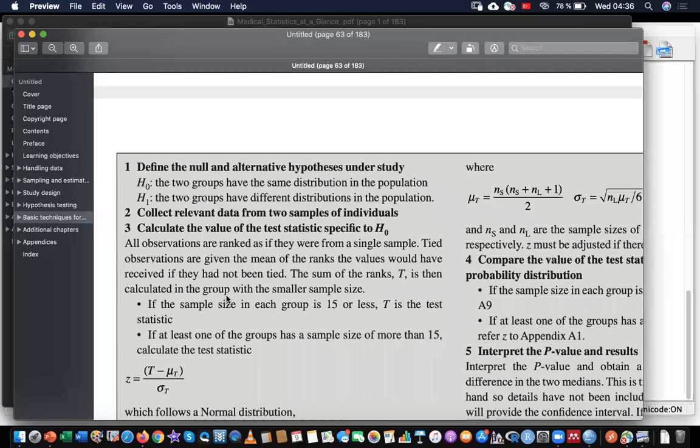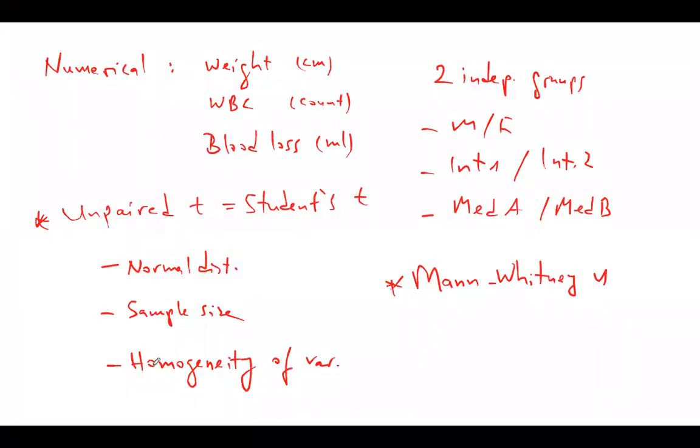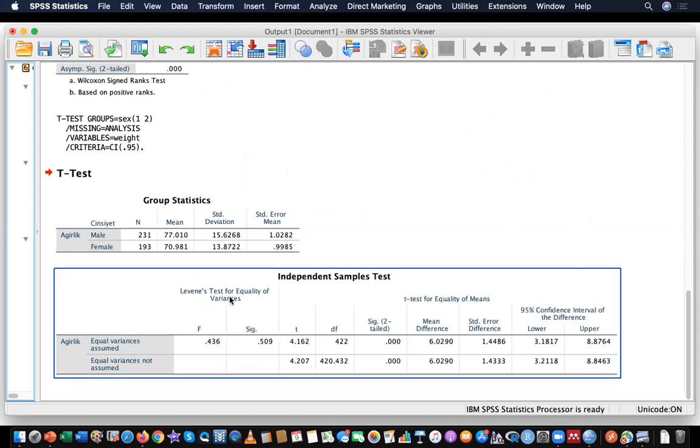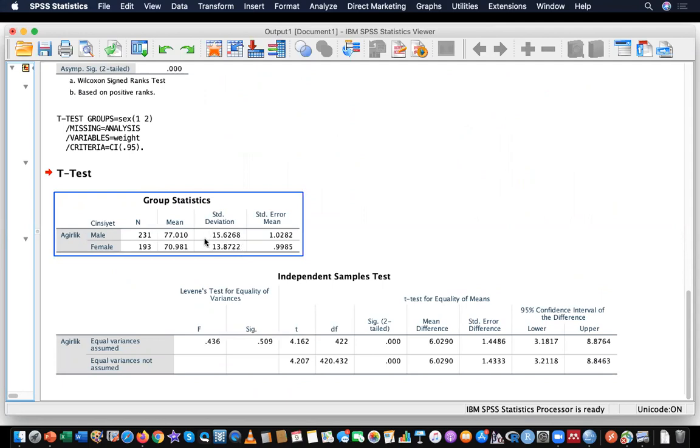Because our assumption was that the variances should be equal, homogeneous or equal. If you don't have statistically equal variances, of course they are not exactly the same. Is 15 and 30 in this case equal or not? This is the p-value. If the p-value is 0.509, what would be your conclusion? Are these two standard deviations equal or different?